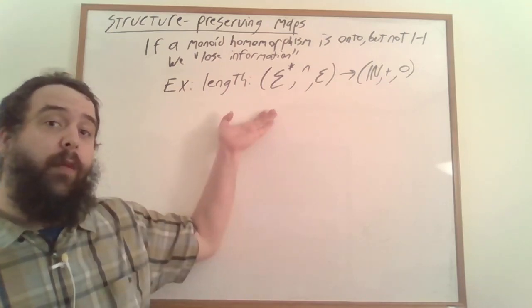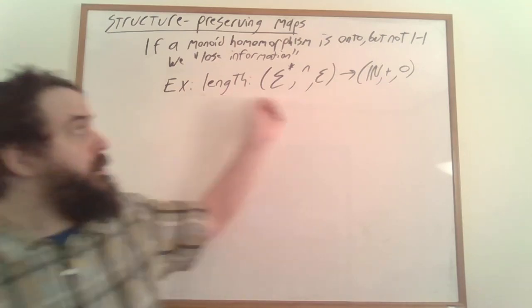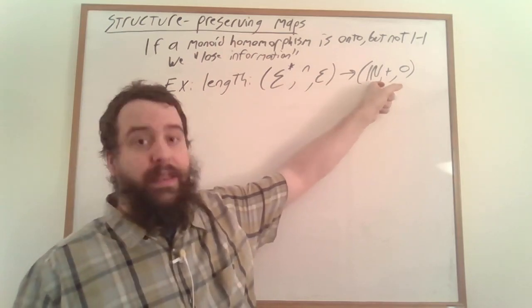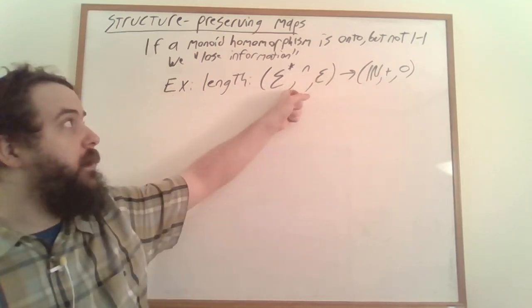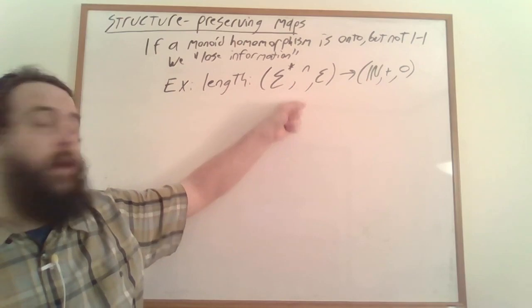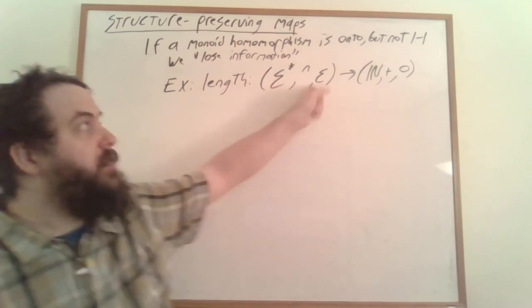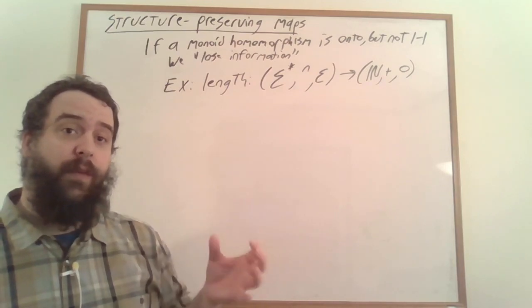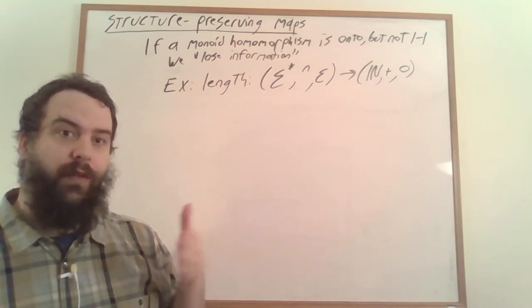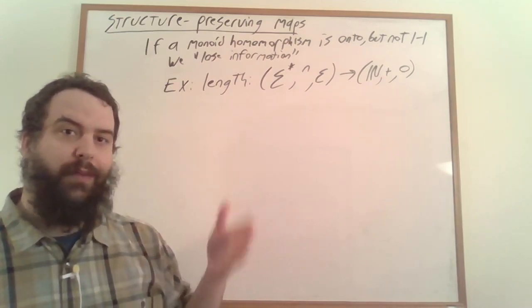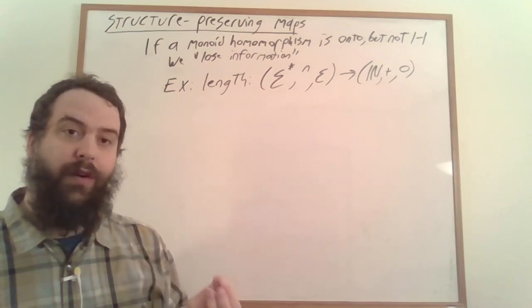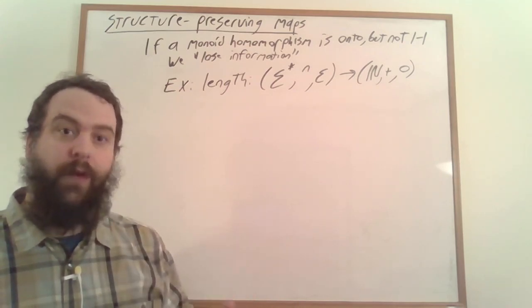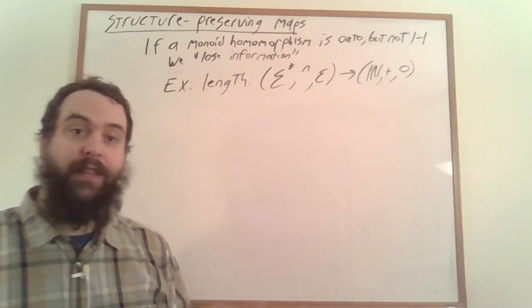This monoid homomorphism is onto, every natural number is the length of some word, but it's not one-to-one. There are many words that have the same length. So in some sense, we've lost information. We originally knew all of the letters in the word, and we've lost that information. We no longer remember what letters were where, we just remember the length of the word.